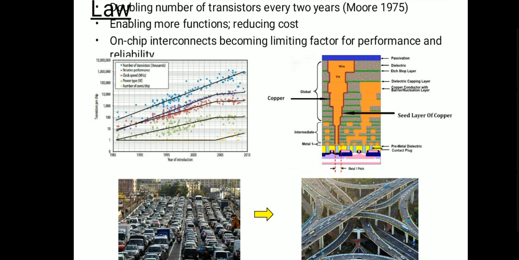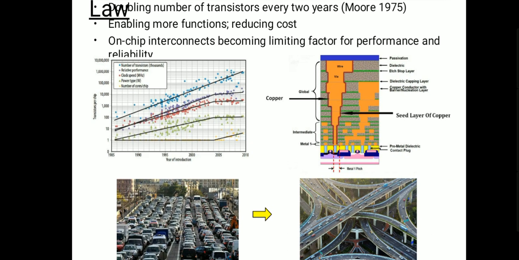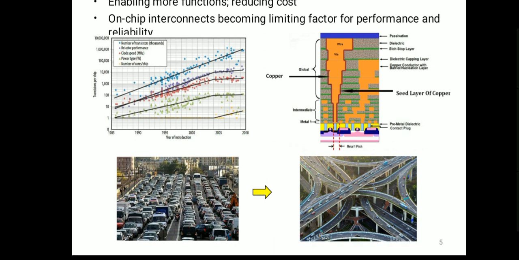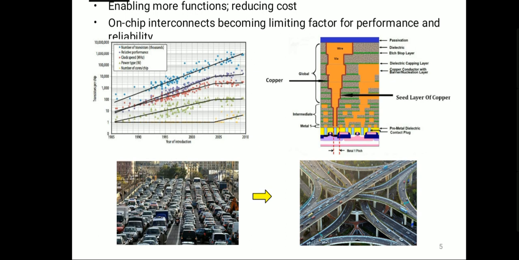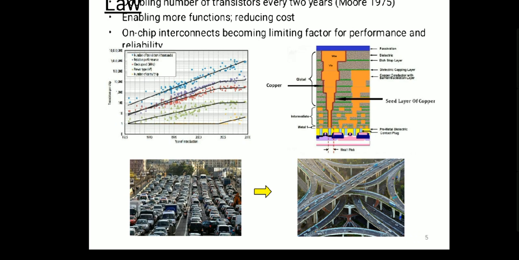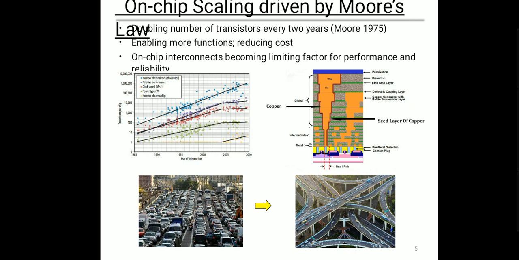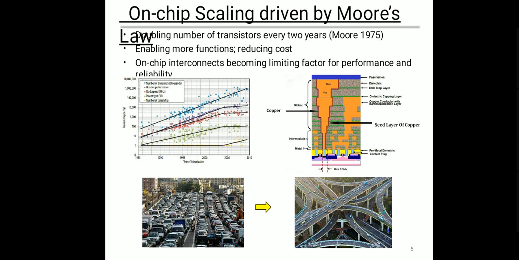Now these are the graphs you can see here. Introduction. We can see the graph of transistors per chip and year of introduction, when it was introduced, and how it developed.